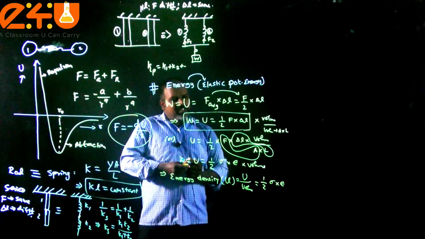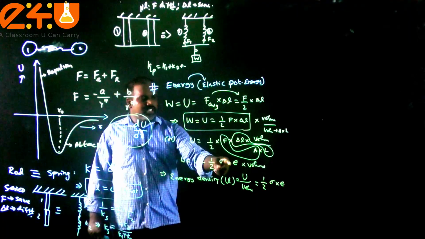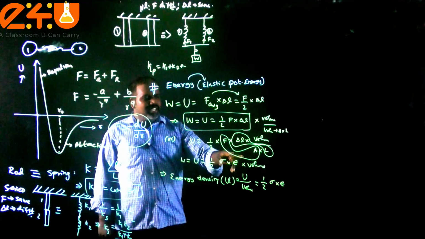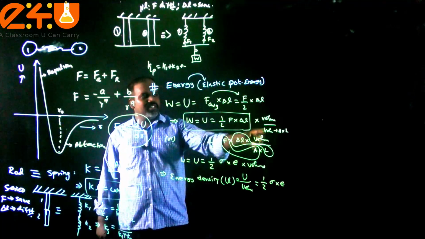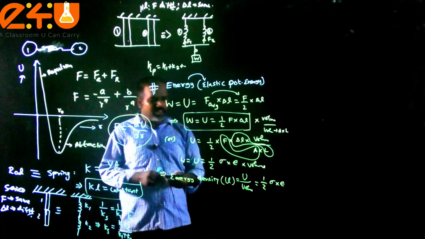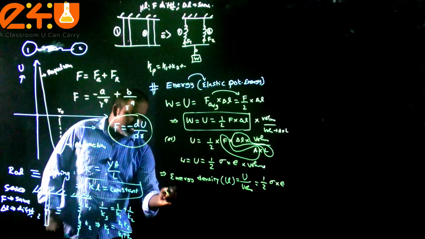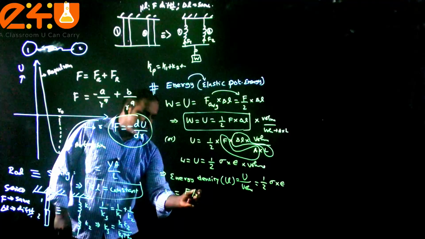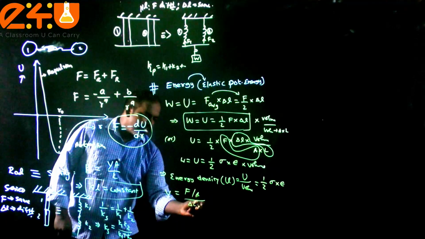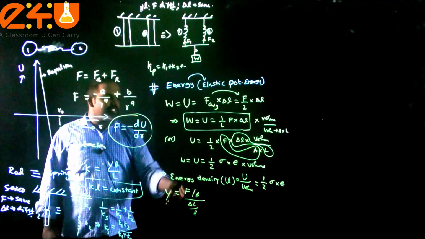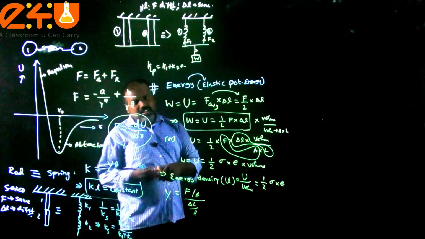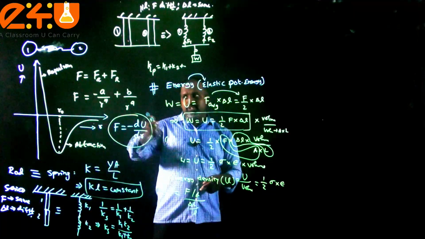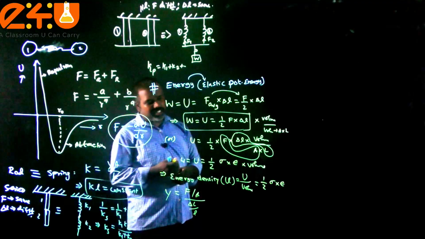If you want any other format in terms of Young's modulus, or in terms of only stress or only strain, you just modify this original expression by using Y is equal to F by A divided by delta L by L. You can use any expression to modify this original equation. And based on this, I can draw the graph, because we already discussed what a stress strain graph is.